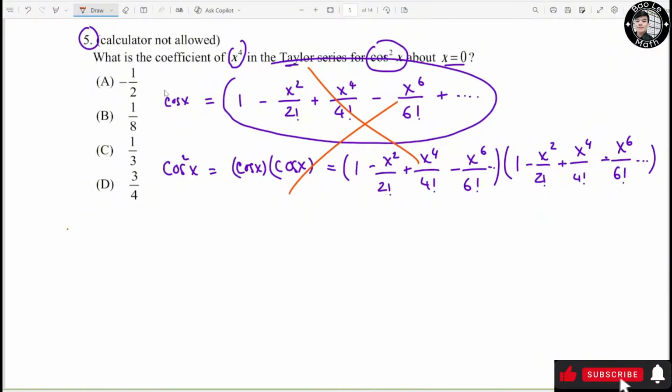We have the series for cosine of s. So what happens for cosine of 2s?